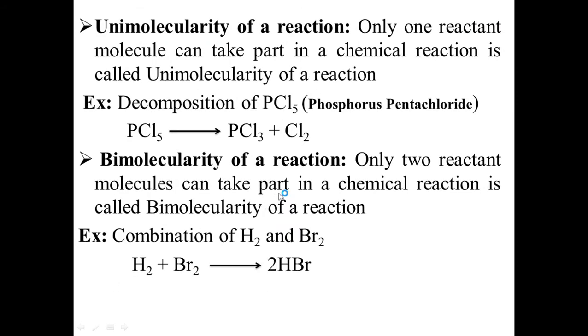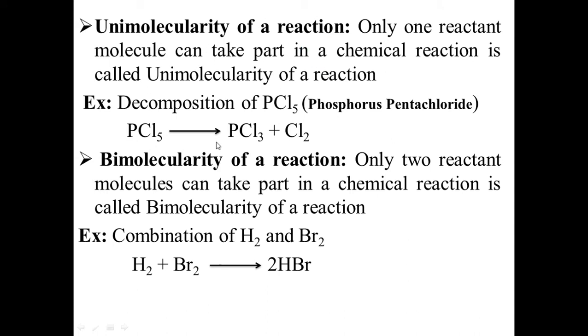First one is unimolecularity of a reaction. Uni means one. Here only one reactant molecule takes part in a chemical reaction, which is called unimolecularity of a reaction. Example, decomposition of phosphorus pentachloride gives PCl3 plus Cl2. This is unimolecularity of a reaction.